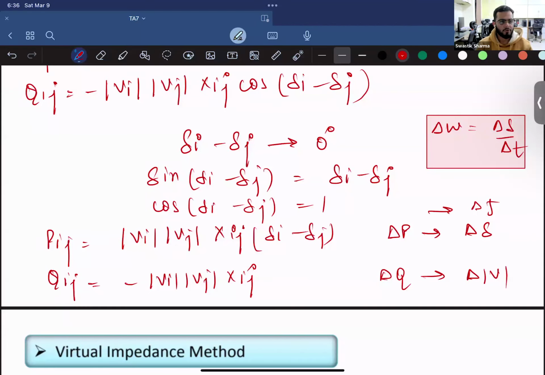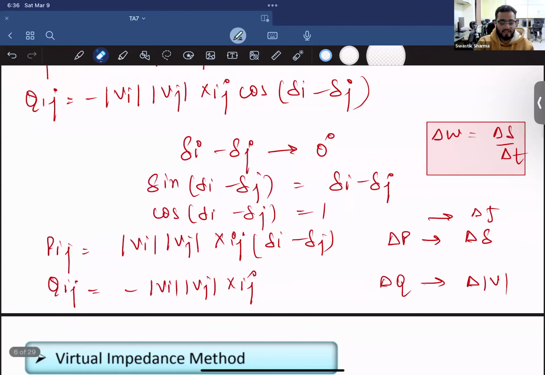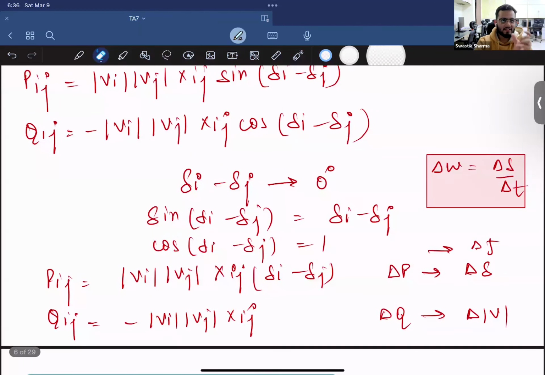So we started from this assumption that there is a low R by X ratio. That's how we came to the fact that active power will affect the change in your angle, which is then dependent on your frequency, if delta omega equals delta delta by delta t holds true, and Qij is dependent on your voltage magnitude. Sine zero is zero, but I'm not saying it's completely zero.